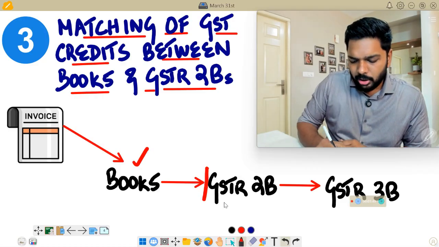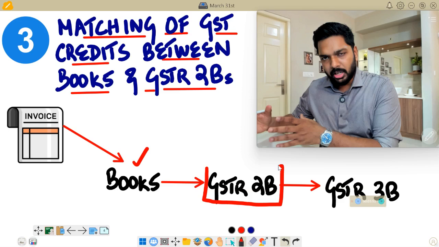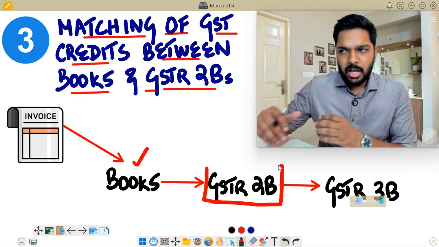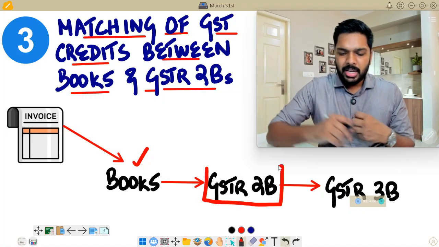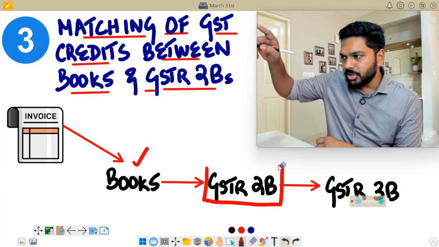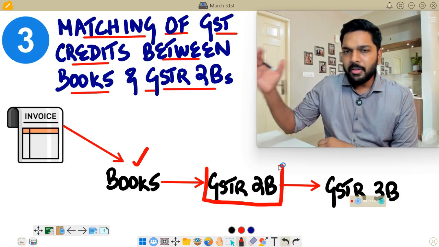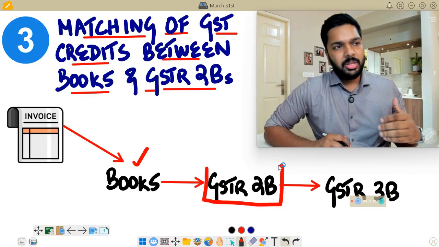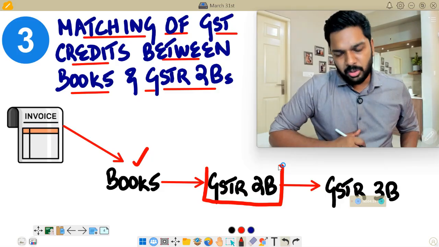Now, GSTR 2B on your GST portal is an auto-populated return that basically carries figures of your suppliers. So when your suppliers are filing returns, that is basically your purchases, their GST portions and all that will come and sit in your GSTR 2B. So you'll have a first-hand view of whatever GST you paid on your purchases, and the credits of which you can avail subsequently.